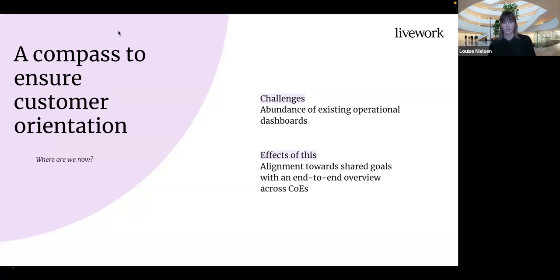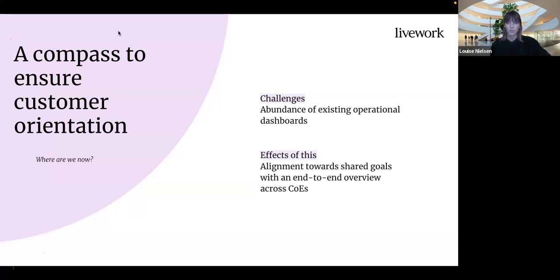We have some main areas in Novo that are part of and support the hire journey. We have our talent acquisition department, where the recruiters are very much involved in hiring new candidates, and then we also have our support functions. Some of the challenges we see are that they have a lot of existing data and dashboards showing how things are going.